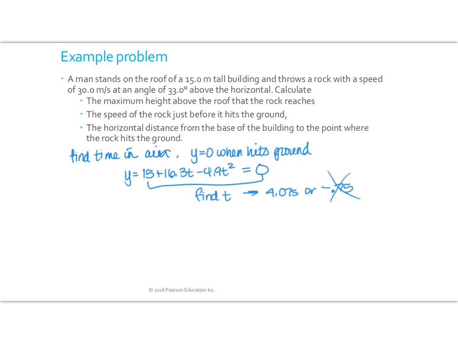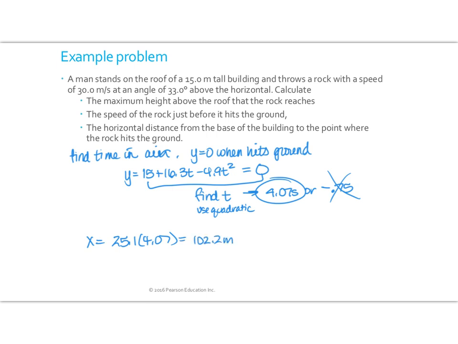That doesn't make any sense. That's the amount of time it's in the air. So this is use quadratic. To find the horizontal distance it goes, I'll put that time into my x equation. And I'll find that it goes 102.2 meters.